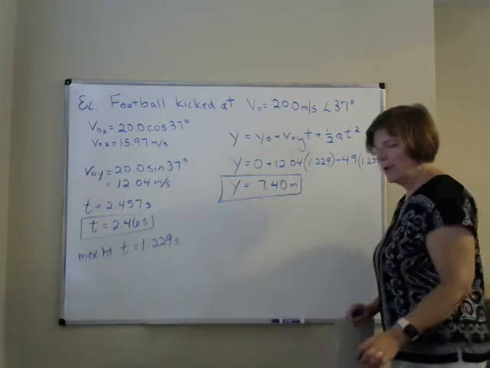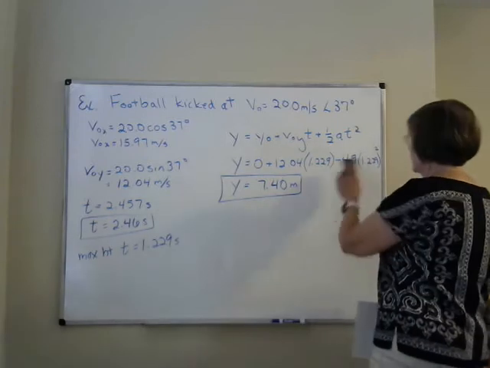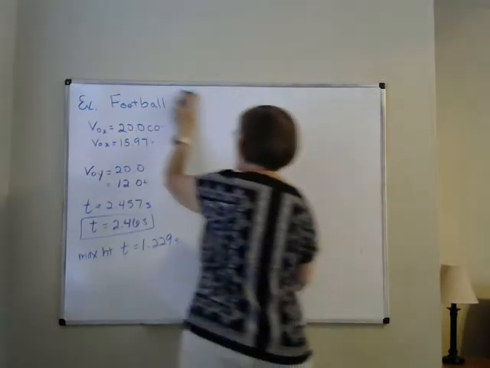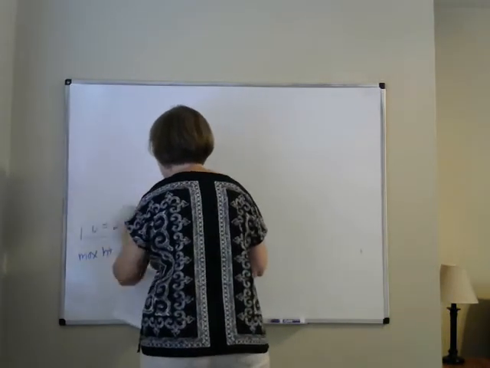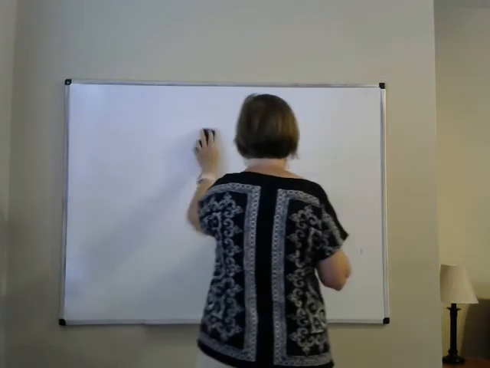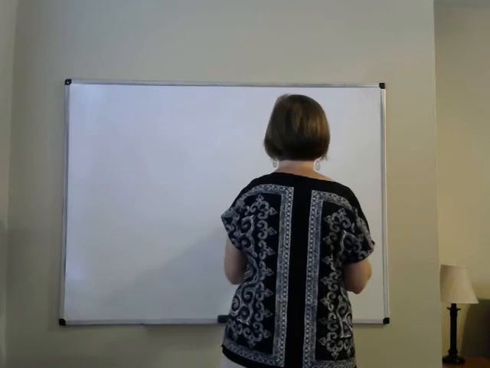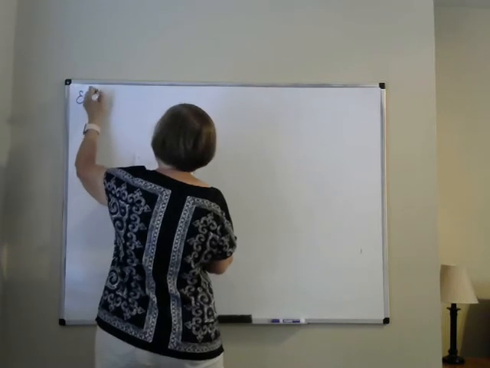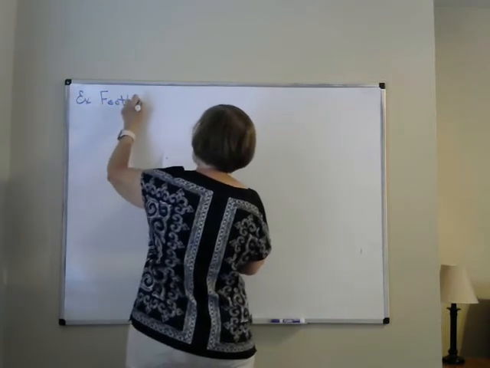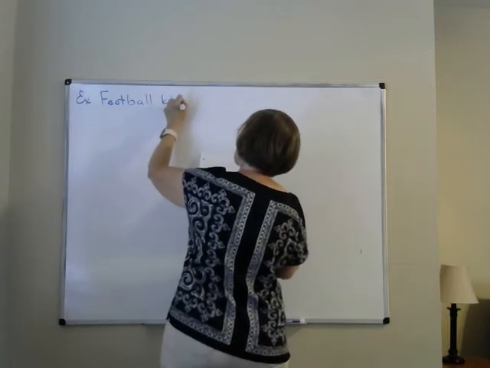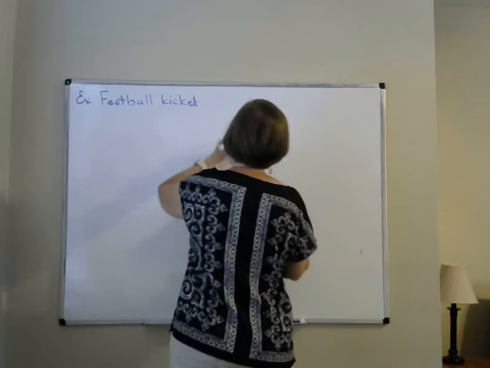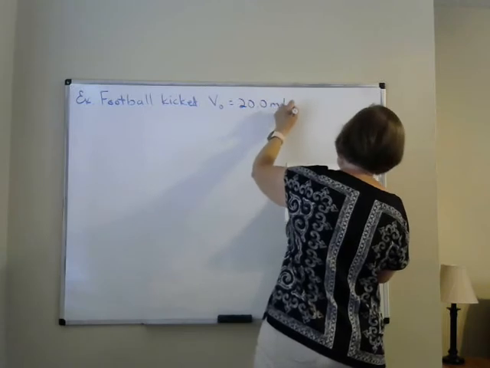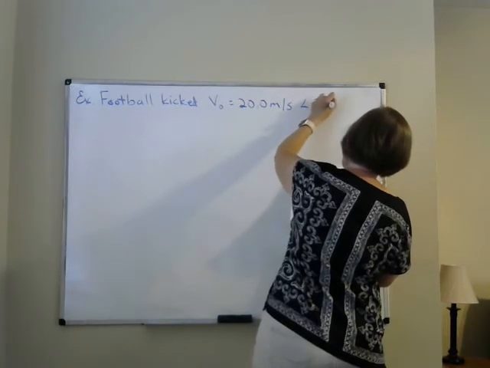Okay, let's do one more problem. This one's more challenging. This time we're going to kick our football just like before. And we're even going to have the same initial velocity. V0 is 20 meters per second, and it's at an angle of 37 degrees.